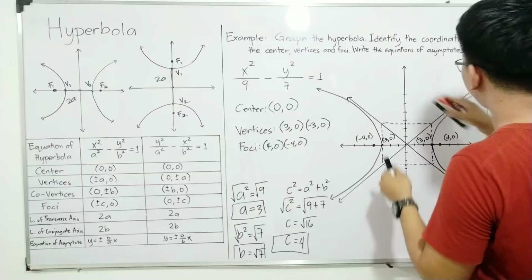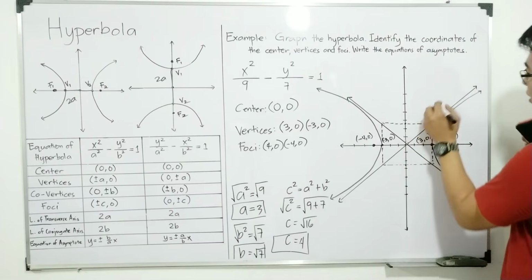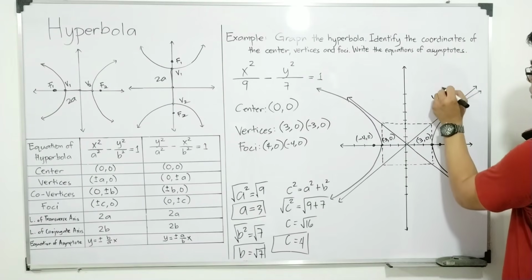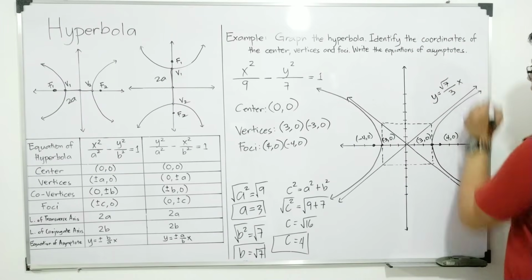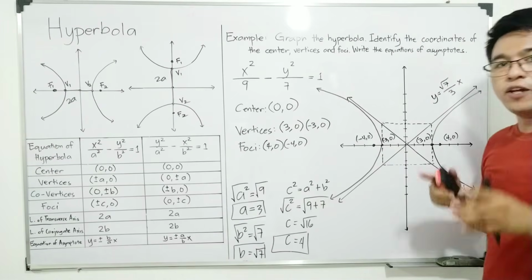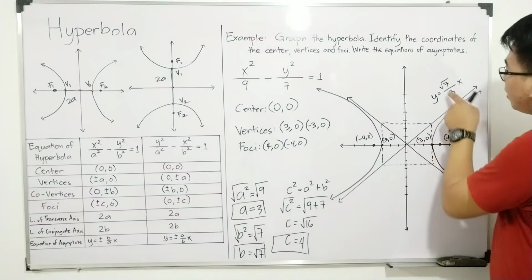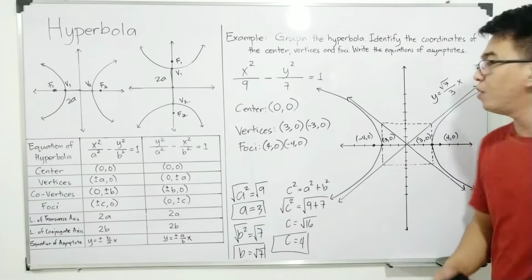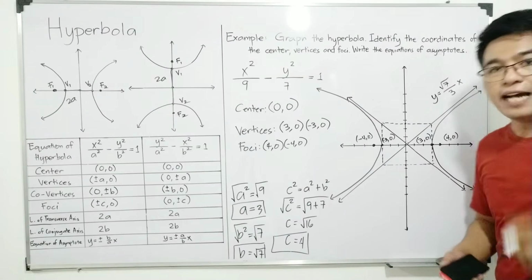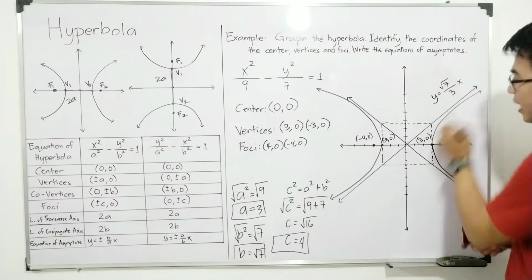So, the equation of this line is simply y is equal to square root of 7 over 3x. Ito ngayon ay isang linear equation. At itong square root of 7 over 3 is actually the slope.